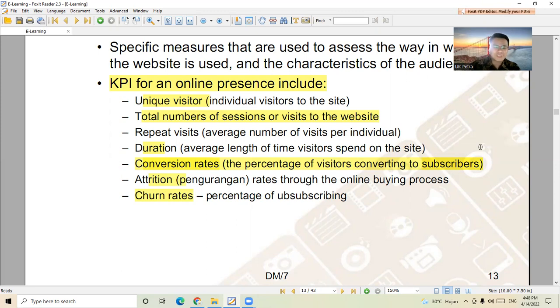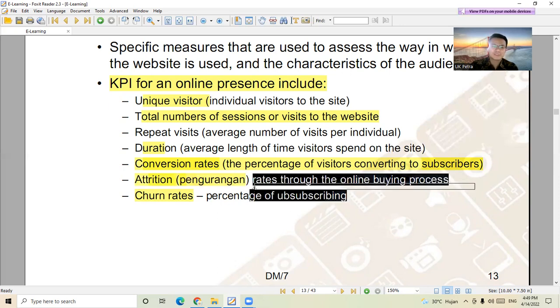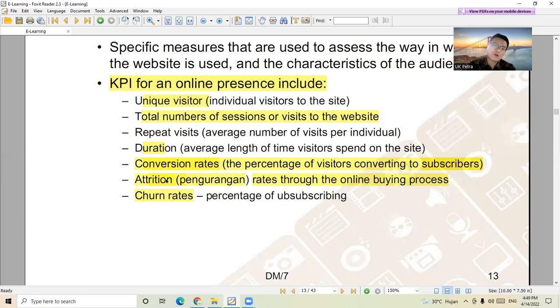Other than conversion rates, there are two other things that digital marketers should know. The attrition rate means the number of buyers or subscribers is decreasing, so we call it a reduction, through the online buying process. Basically, it is the opposite side of the conversion rate. And the other is the churn rate.